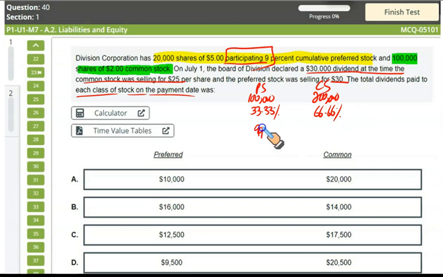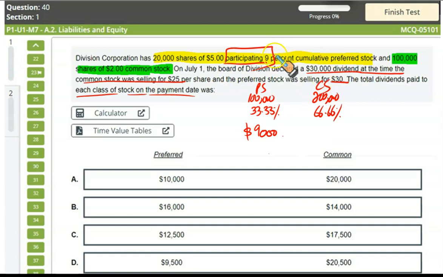$9,000. We have not been given any clear indication what exactly is the dividend for the common stock, right?